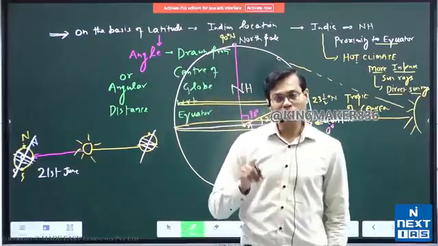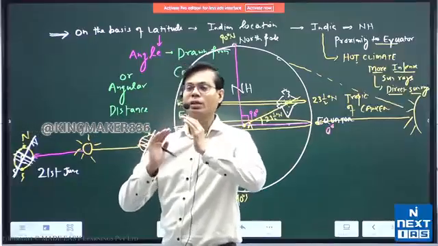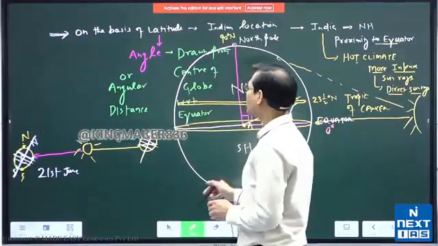So in June time, due to the tilt, it is not the equator getting more sunlight, rather the Cancer line, or the middle part of India. Because how much is the tilt of the earth?